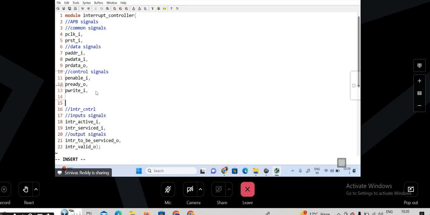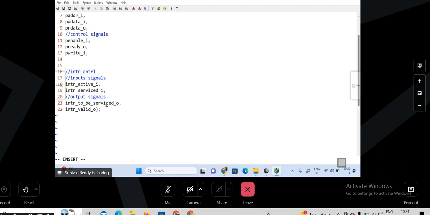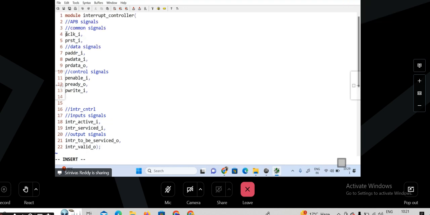It is nothing but width minus 1 down to 0 of PADDR. Correct? Did you understand? Then what is PWDATA? Is PWDATA an input or output? Input. What is the vector of this? It is width minus 1 down to 0 of PWDATA.